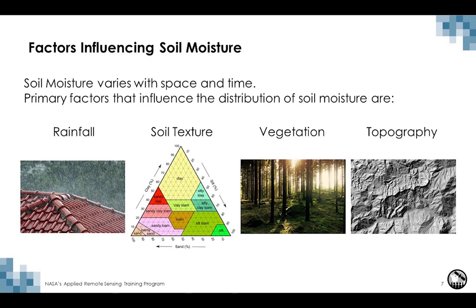Vegetation plays a role in soil moisture retention. We all know that a bare surface will dry quicker than soil under vegetation. And then finally, topography influences where water tends to accumulate, and you would expect flat surfaces to accumulate more water and for longer than steep surfaces. Also in the northern hemisphere, soils in south-facing slopes will tend to dry out quicker than soils in north-facing slopes.